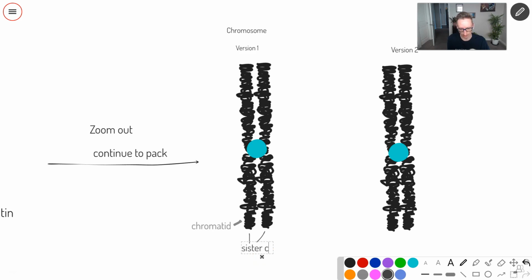These are sister chromatids. And we'll review all this stuff, so don't worry. This is all important for understanding the differences between mitosis and meiosis. This is a centromere, not to be confused with the centrosome.